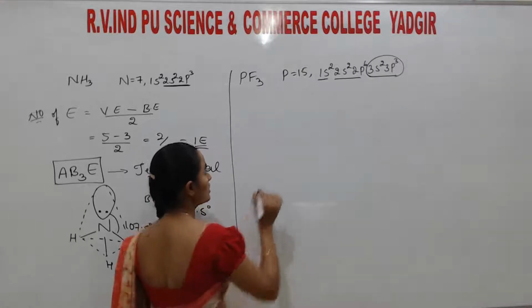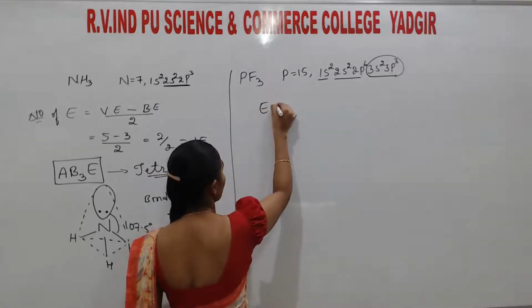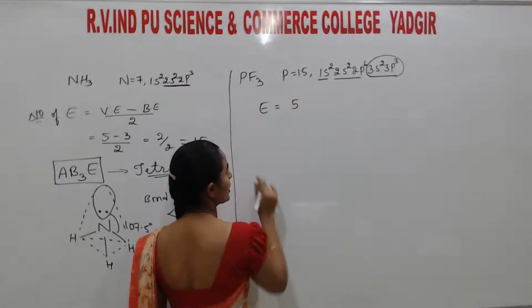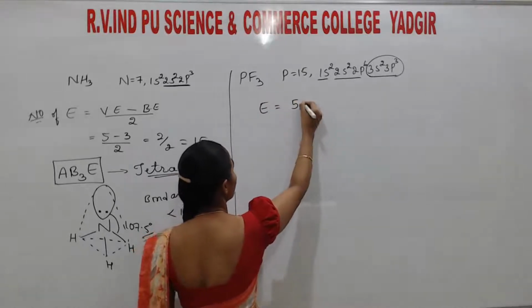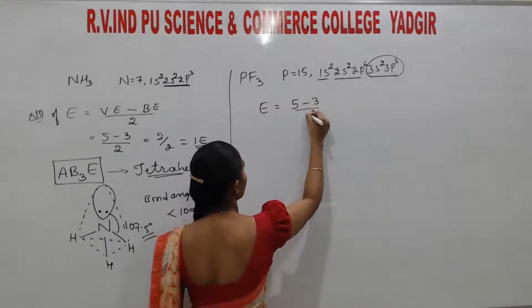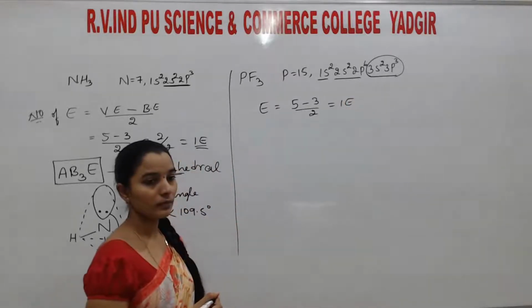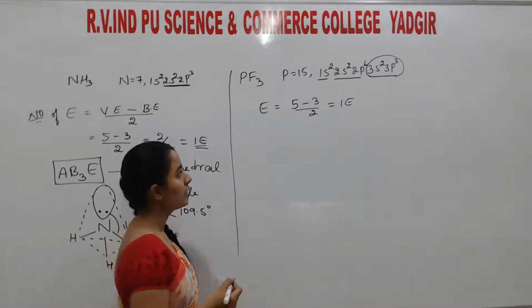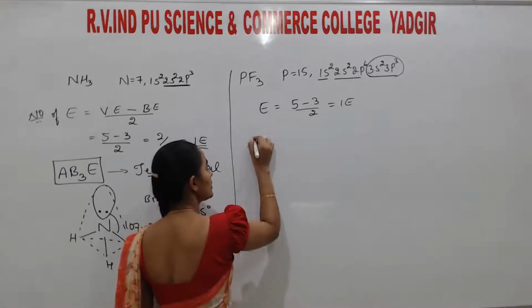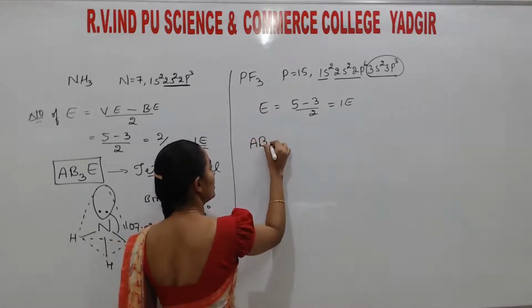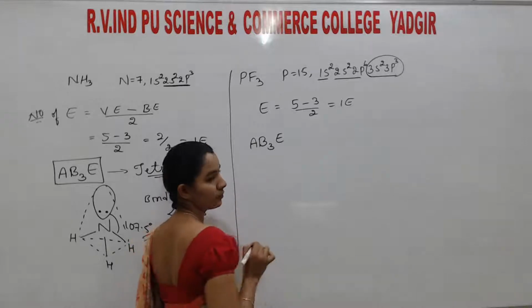To find the electron pairs: 5 electrons are valence electrons, and among the 5, 3 are bonded. That divided by 2 gives 1 electron pair. Understand? So P is A, F is B, 3 of them, and 1 E.